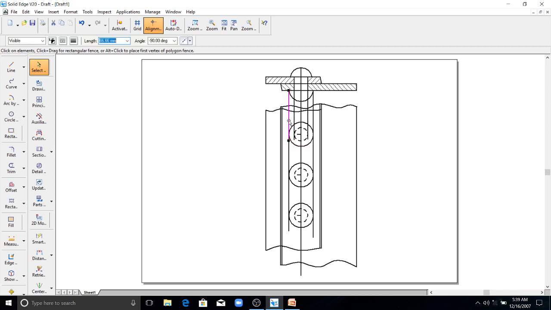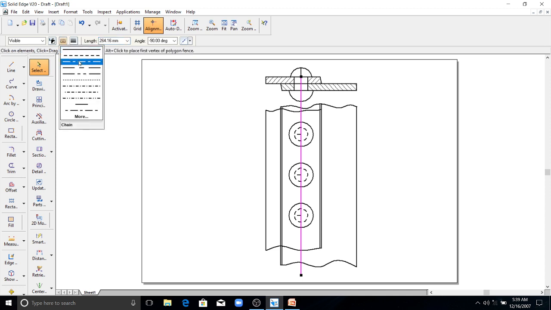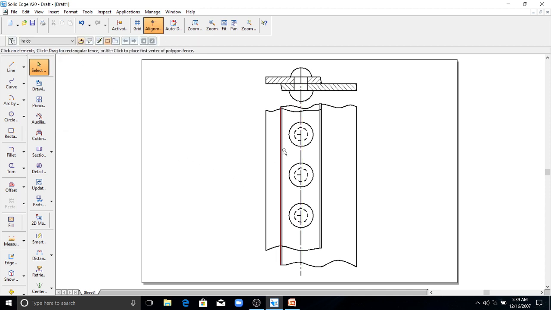Erase the construction line, so not required. This is the center line, make it as center line. So these are the vertical centers.